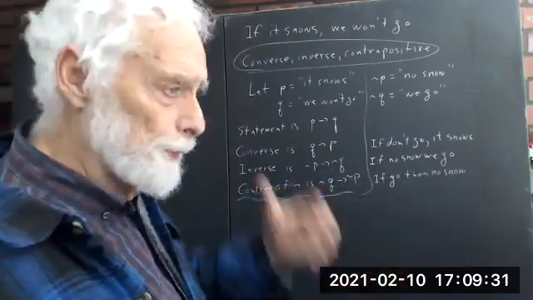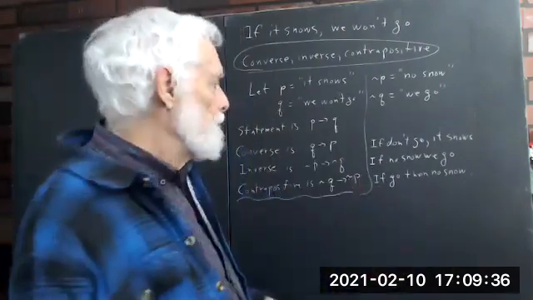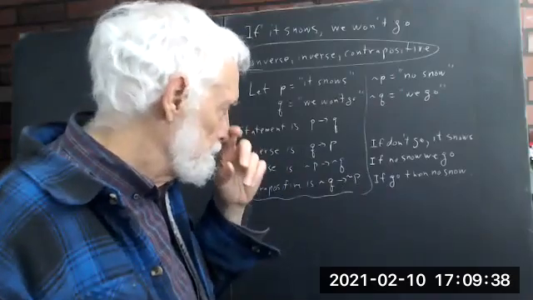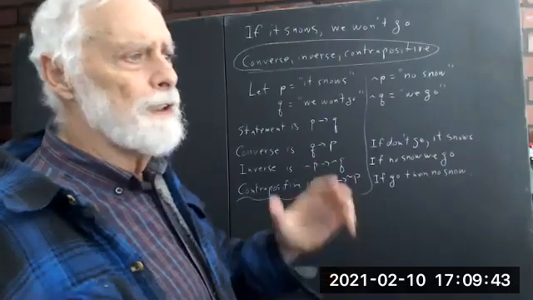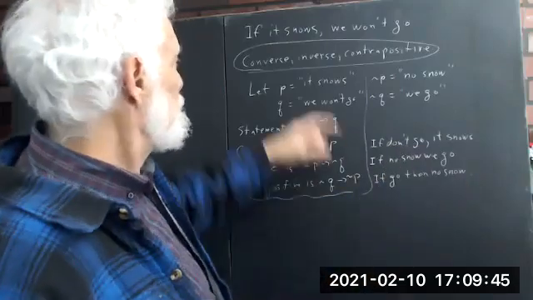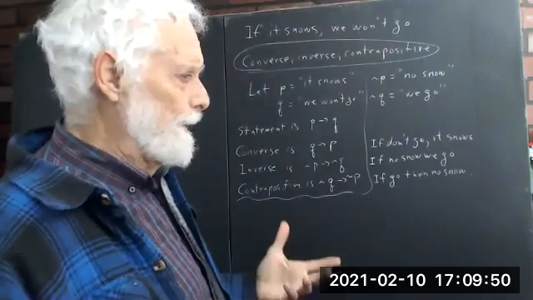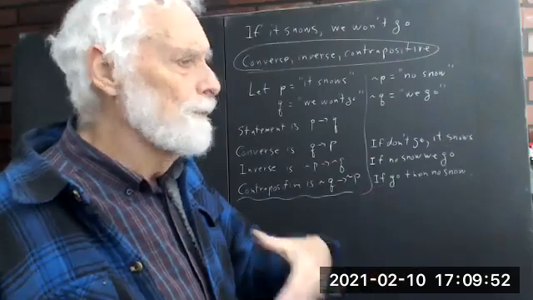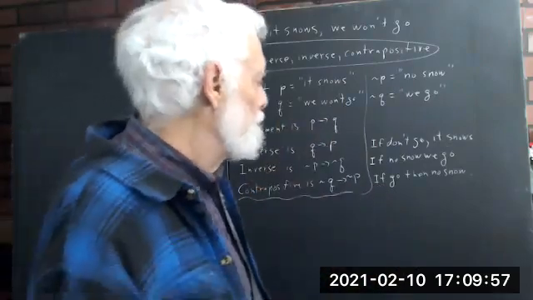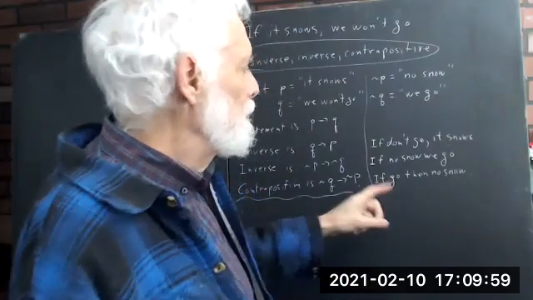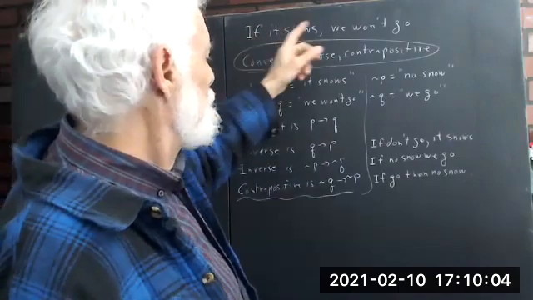That's why we use truth tables and try to get our heads around just what the logical statements mean. Okay. Or what about if it doesn't snow, we go? If I say that, and somebody else says, well, if it snows, we won't go, those are related, maybe a little confusing, but are they equivalent? Okay. And then here, if we go, then it didn't snow. And this says, if it snows, we won't go.